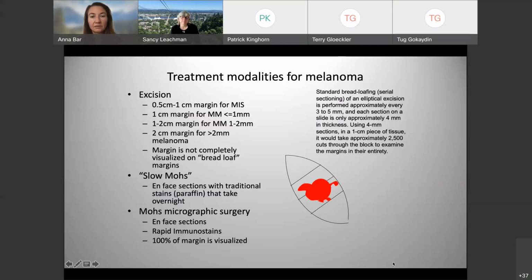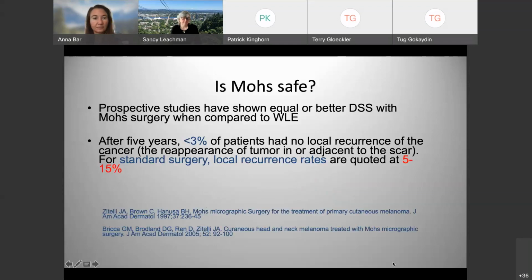That could be disfiguring. And the way that the margins are checked is a little bit different when it's cut out with a big margin. So it's a great technique, but we're evolving in our treatments of melanomas where we're really focused on removing the tumor with precise margins.